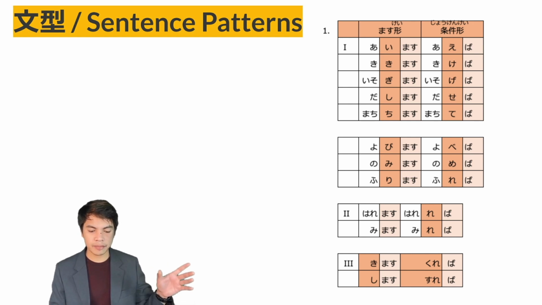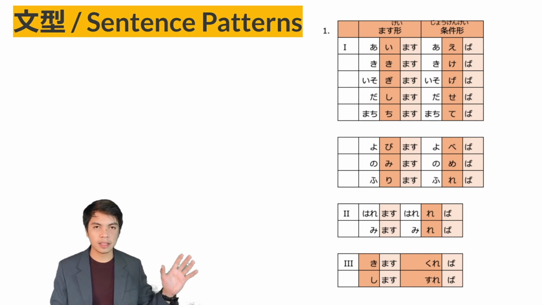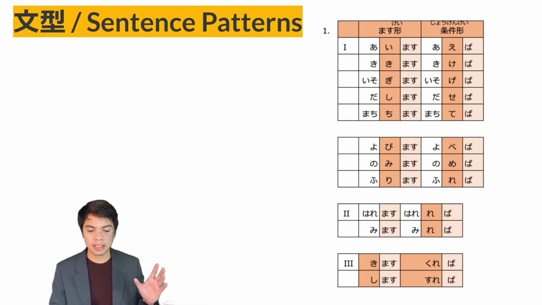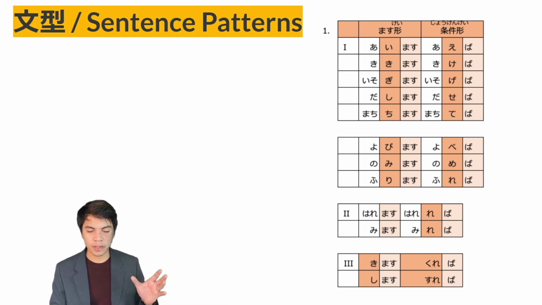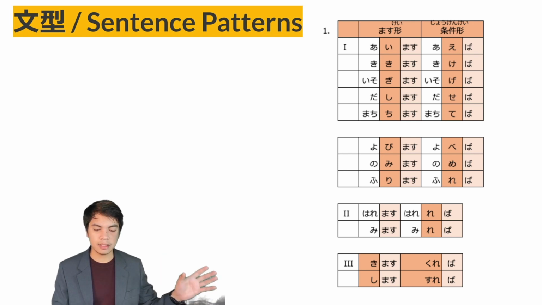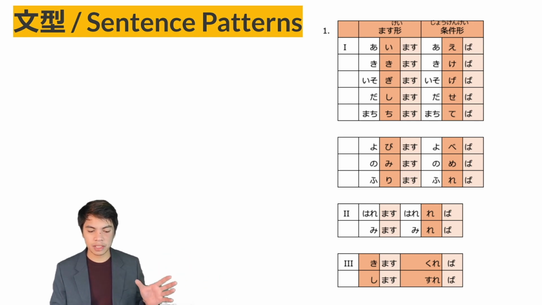Change the I to E. So, ai plus ba, aeba. Next, kikimasu. Kiki, change the ki to ke. Kikeba. Next, oyogimasu. Oyoge, oyogeba. Dashimasu, from shi it will become se. Dase plus ba, daseba.